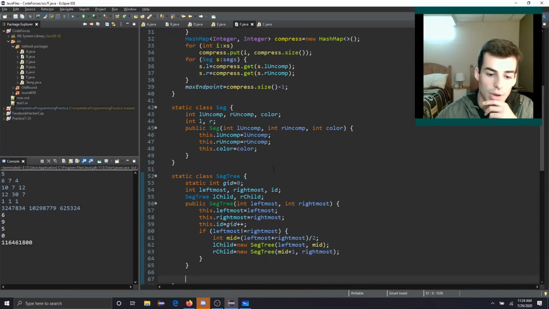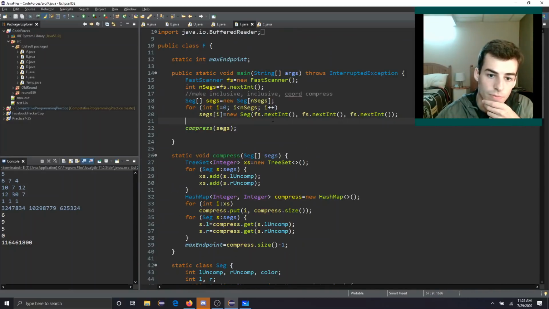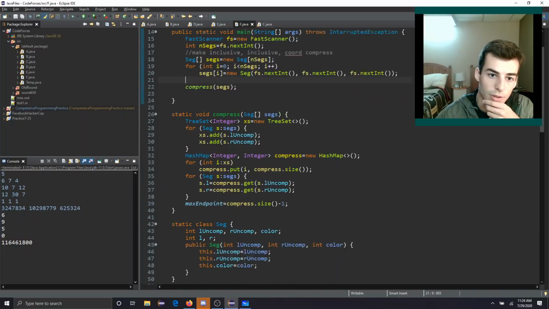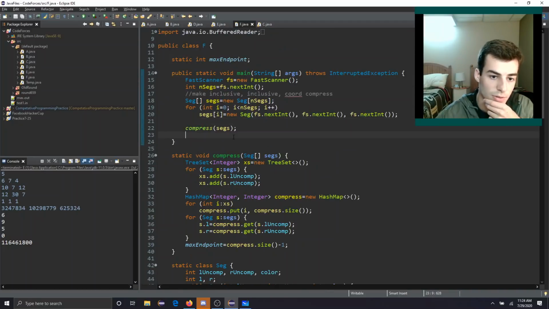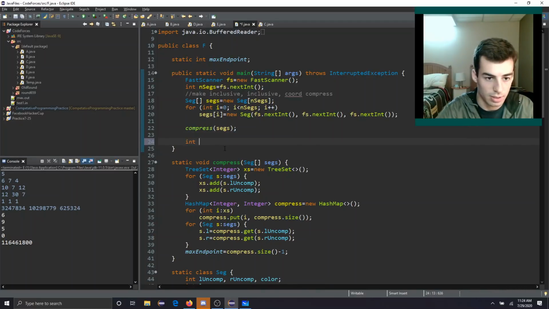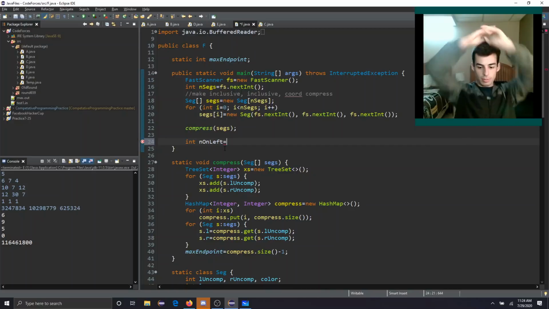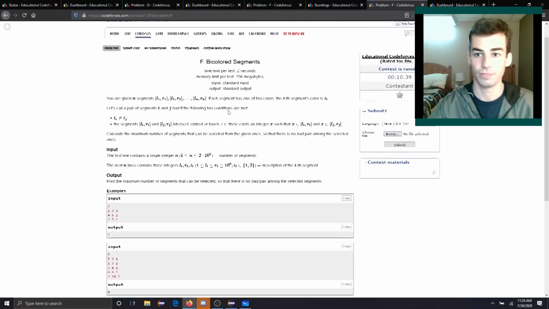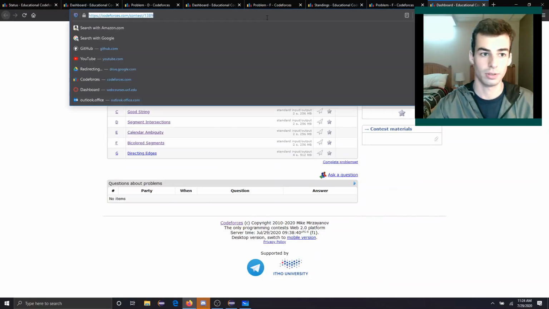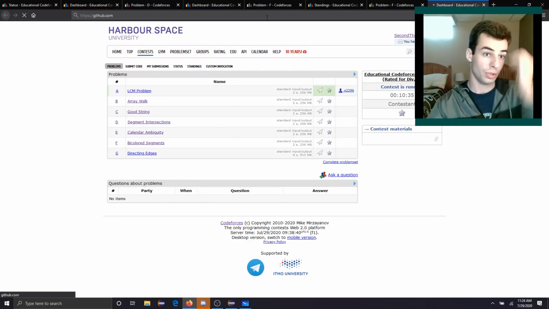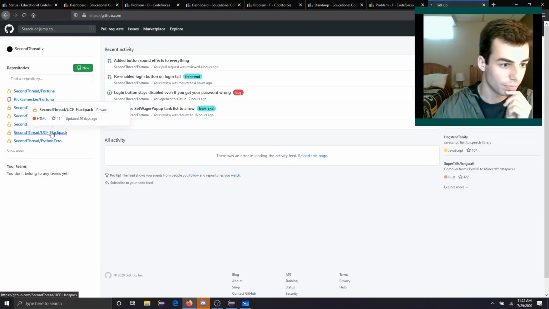Okay, so now we have this. Good. So we compress these segments. Int n on left well equals, or we don't even need to do this, right? We can just iterate through each segment. Yeah. Well, we might actually finish this, interestingly. Didn't expect to, but it's possible.